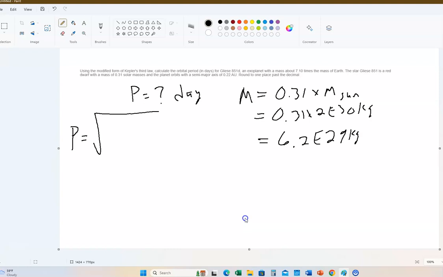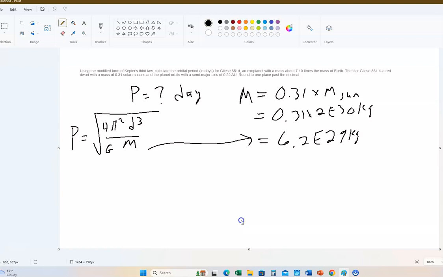So it's the square root of 4 pi squared times the distance cubed divided by big G and divided by the mass of whatever you're orbiting. So in this case, the mass is going to be this number right here.